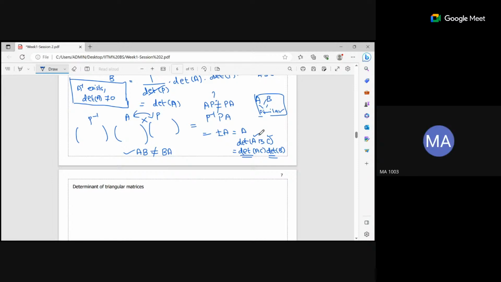Yeah, so the point I was thinking is, suppose A, B, C are all of different sizes. But the determinant, we know, is defined only for square matrices. So when we are talking about the determinant of a product of matrices, all the matrices must be of the same size, n by n. Then the product AC is possible.